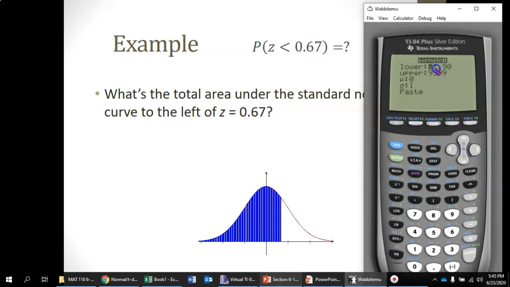And I can't really put in negative infinity, but I can put in something like negative 9999, which is close enough to negative infinity. And then for my upper limit, where I stop at, that's 0.67. Make sure we got 0 for the mean and 1 for the standard deviation, and hit enter. And it shows up as 0.7486 if you round it to 4 decimal places.